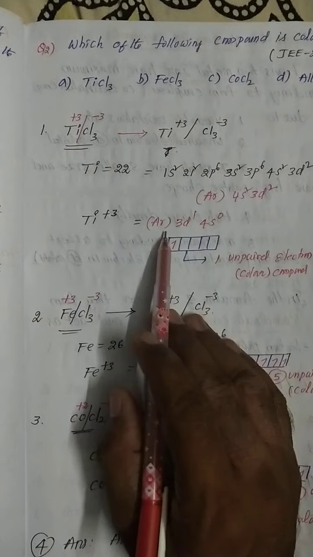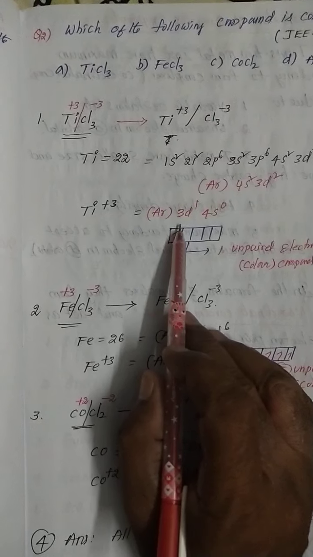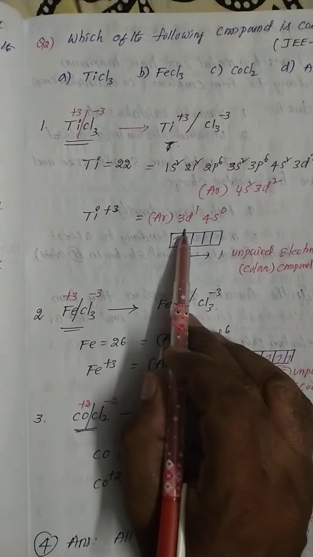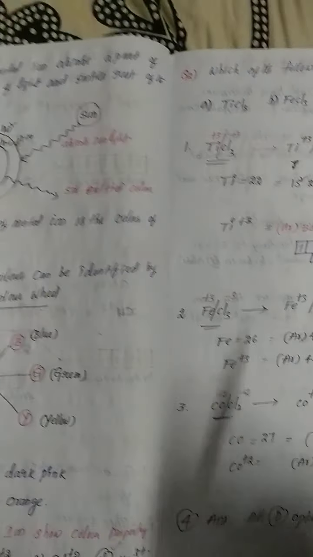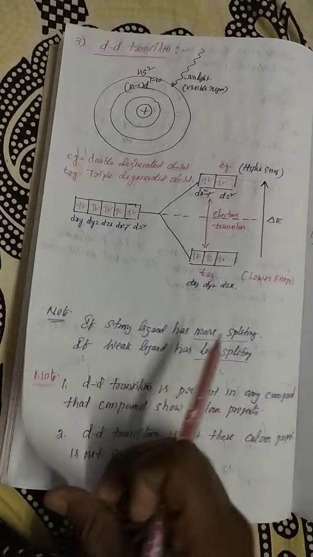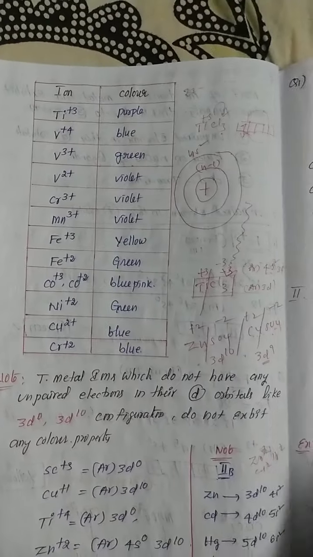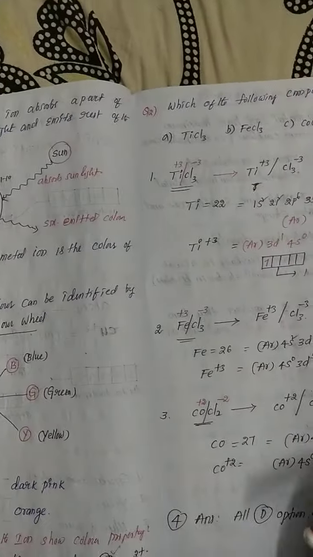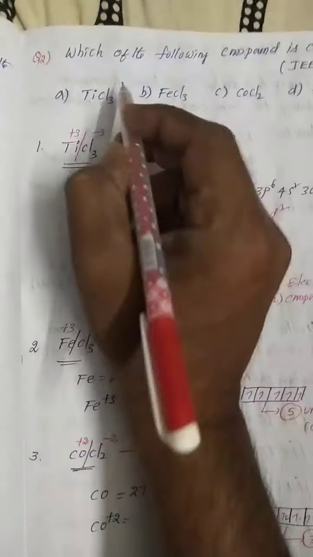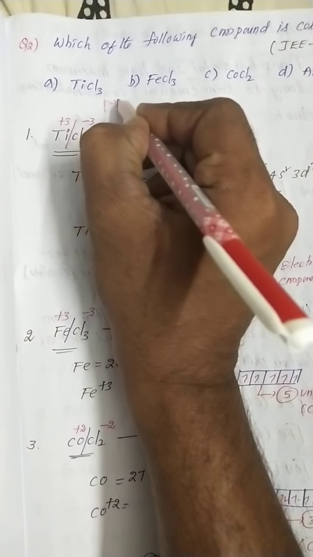Titanium showing +3 means how many unpaired electrons? Only 1 unpaired electron is there. 1 unpaired electron means it is colored. Already seen in the tabular form, titanium purple color. So this compound, titanium, is a purple color.